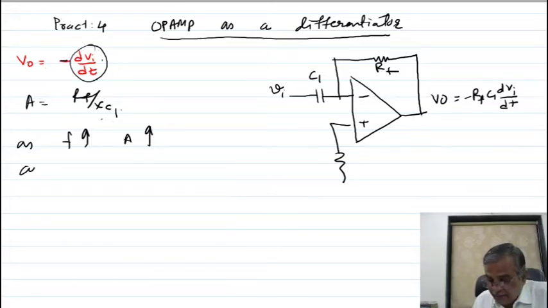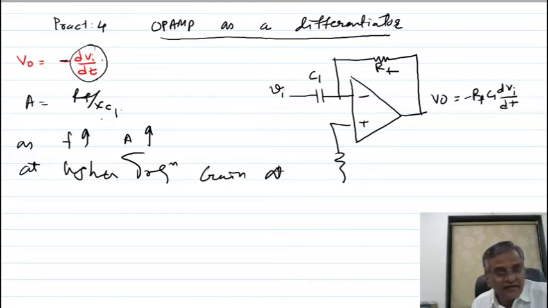So at higher frequency, gain will be very high. So the circuit will break into oscillation. So stability of the circuit is reduced at higher frequency. This is the one problem.